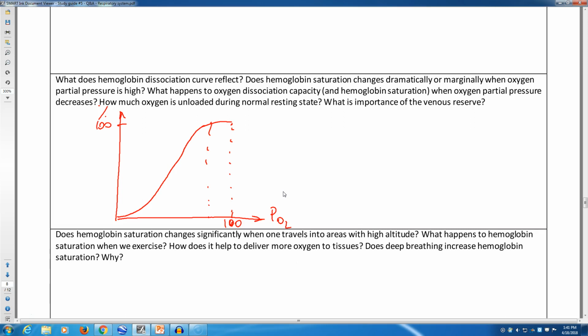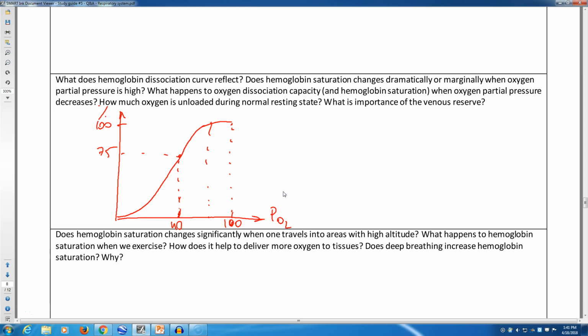It's horribly not up to scale. So say this is 40 and the saturation becomes 75. Now, this 40 is in tissues. We just know that. We measured that. So what does that mean? That hemoglobin had 100% saturation in alveoli and 75% in tissues.